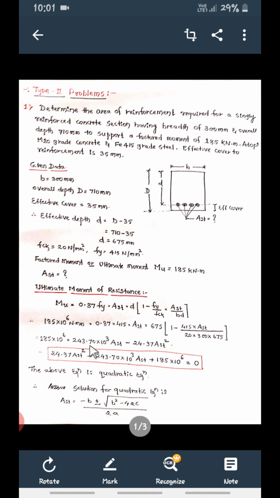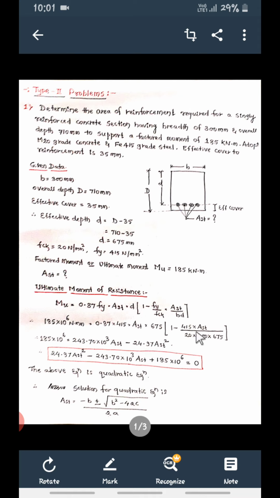We get 243.70 into 10 raised to 3 AST minus, again this quantity multiplied with this term, 24.8 AST square.